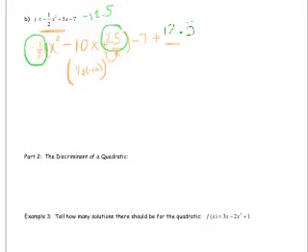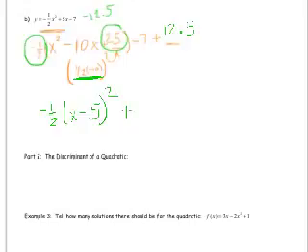Okay, so we have -1/2 x, and then half of -10 is -5. Then I square it. -7 plus 12.5 is +5.5. You followed where I got the 25? Yeah.